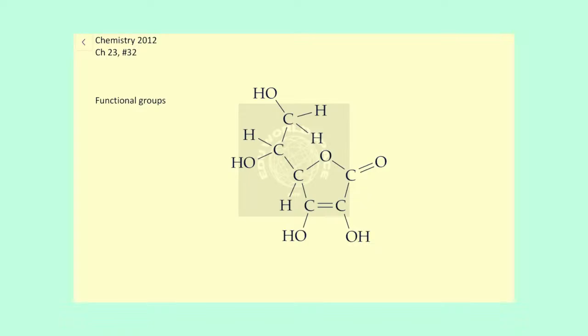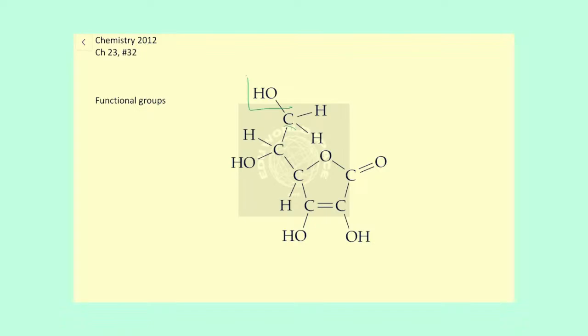Okay. So starting with this carbon here, looking at everything that's connected to it, we see an OH group right here. So we got an alcohol group, right? So that's pretty much it for this carbon.